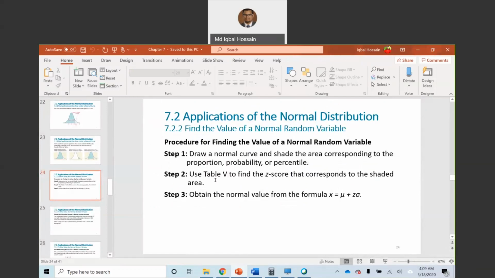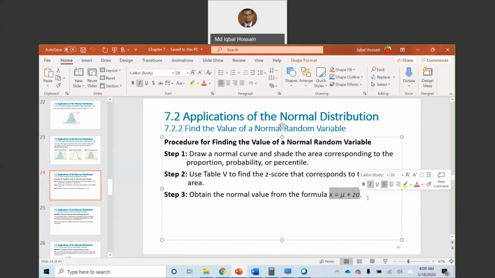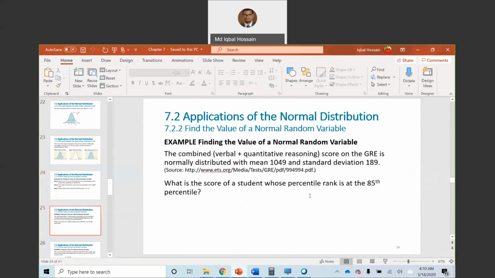Now you can see, we know the second point, how we are using that, and the third point is obtaining the normal value from the formula x. This formula is the important formula we need to know, so we will focus on that. Here we are using a specific situation. It says that the combined GRE score is normally distributed with mean mu and standard deviation 189.